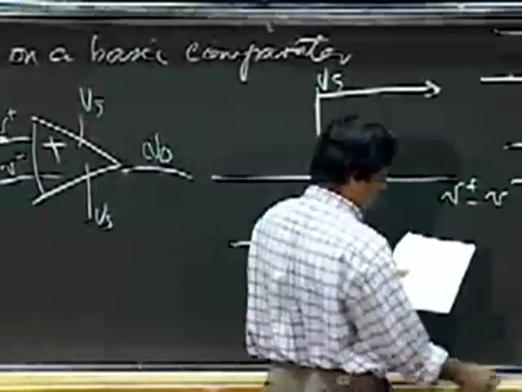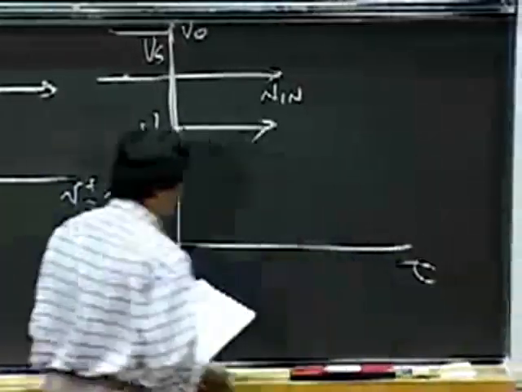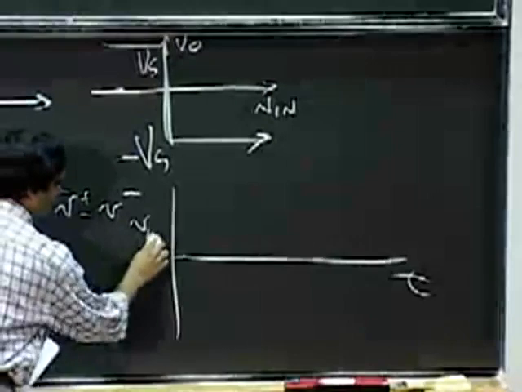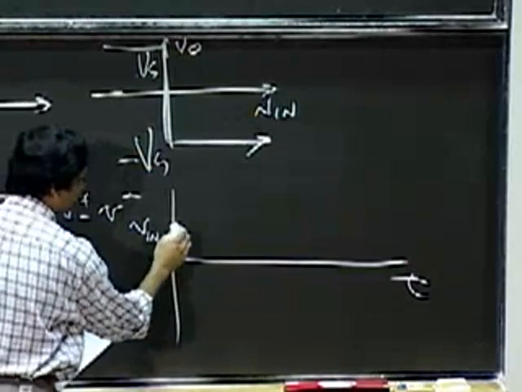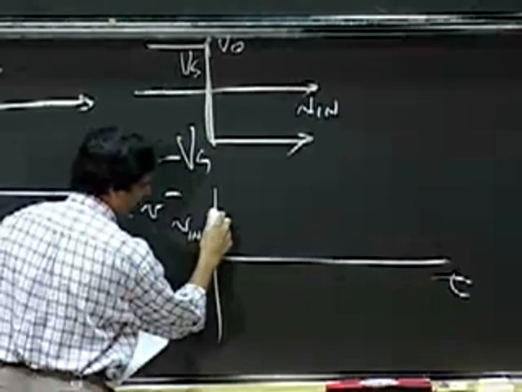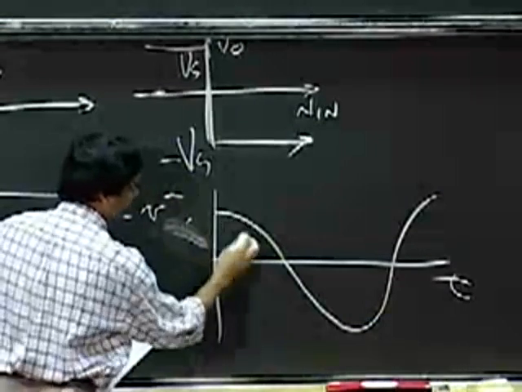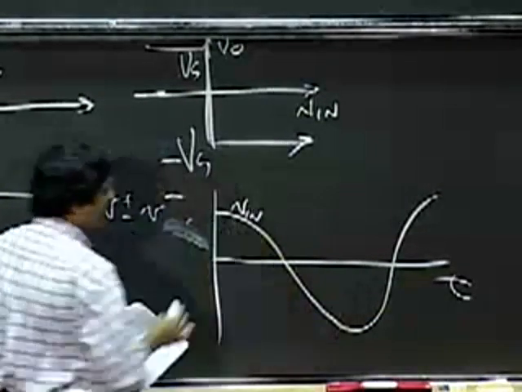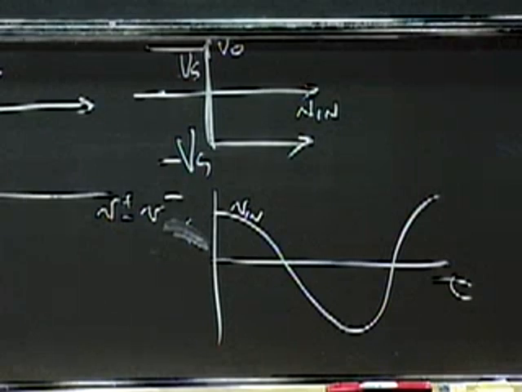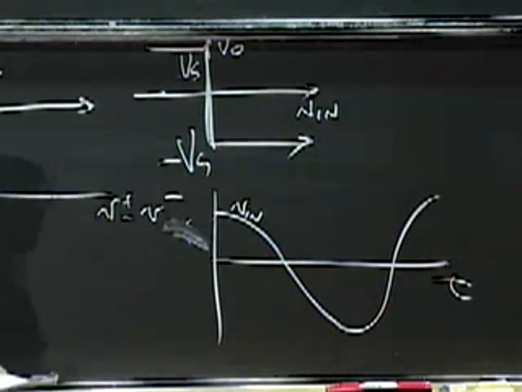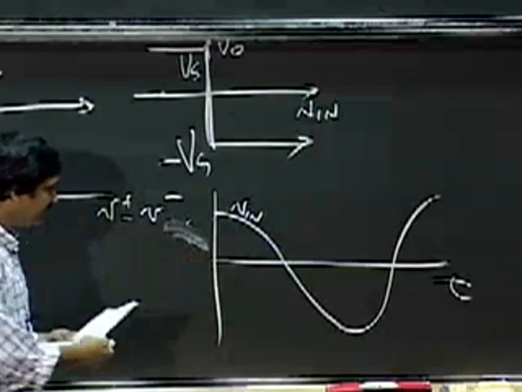So I can plot this as a function of time. Let's say I feed some V in to this circuit here. Then what do you expect the output waveform to look like? For all positive V ins, the output is negative.